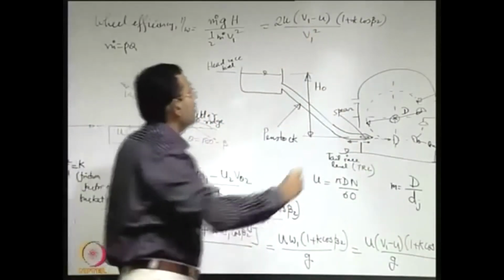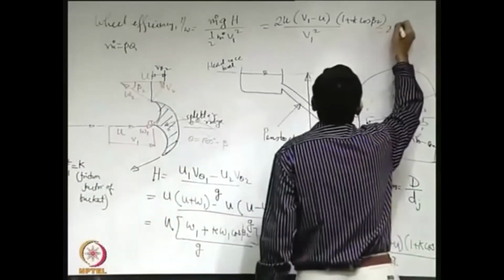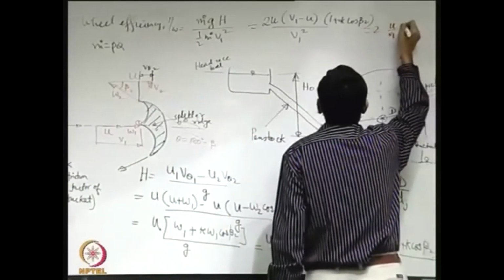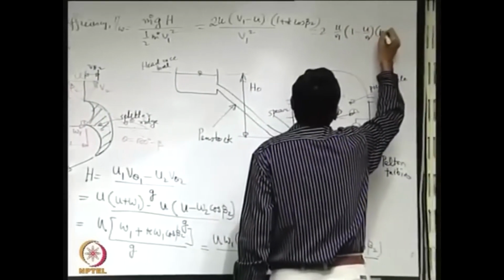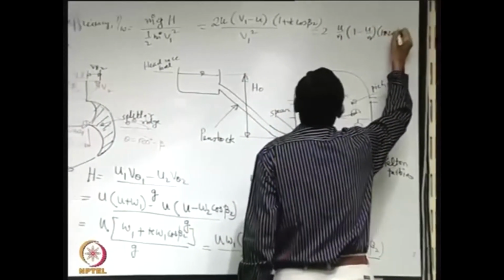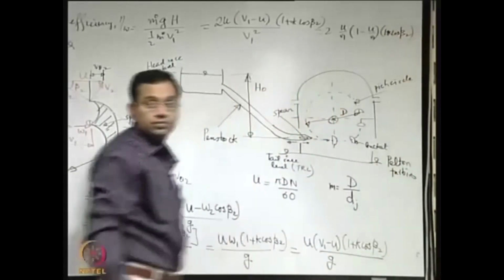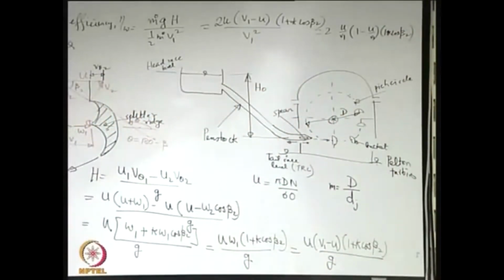So, it may also be written as 2 into U by V1 into (1 minus U by V1) into (1 plus k cos beta 2). Okay. So, what it says is the efficiency in conversion from the kinetic energy form to the head to the energy that is the output from the turbine.